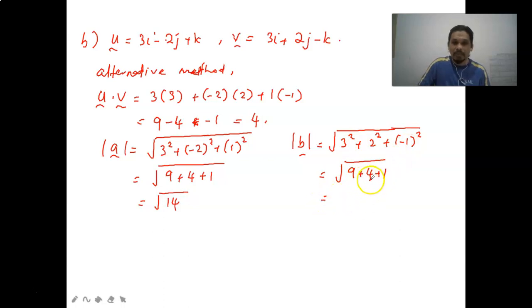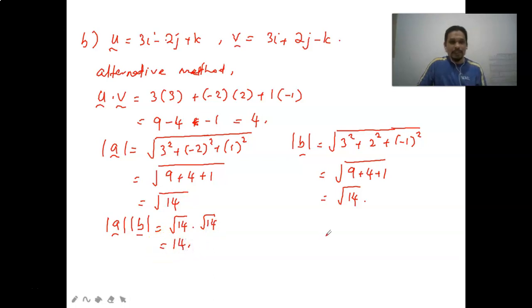Also 9 plus 4 is 13, plus 1, square root of 14. So the modulus of U times the modulus of V equals square root of 14 multiplied by square root of 14, which is equal to 14.